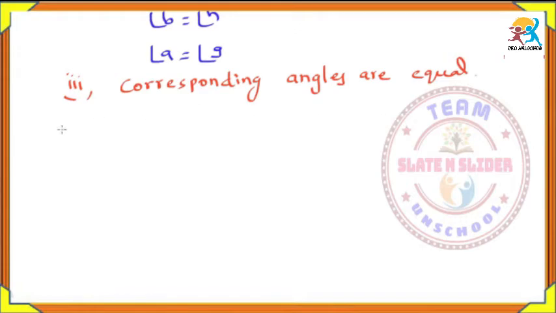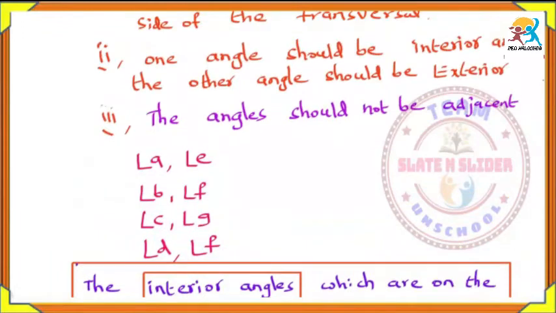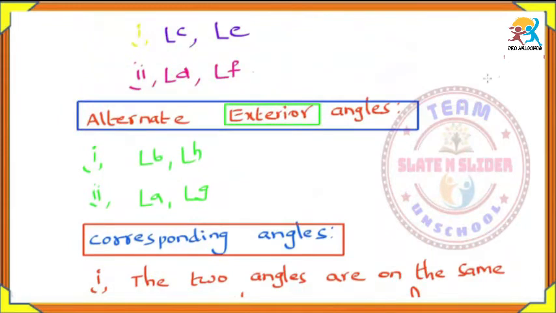The corresponding angles in the figure are angle A and angle E, angle B and angle F, angle C and angle G, angle D and angle H. Actually we have to write all these in brackets, because this is one pair and this is another pair. This is another and this is another. Like this we have to write in brackets.